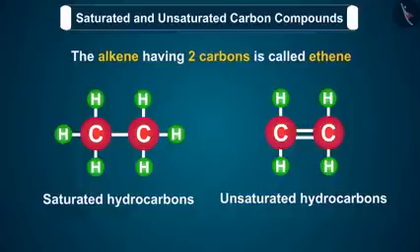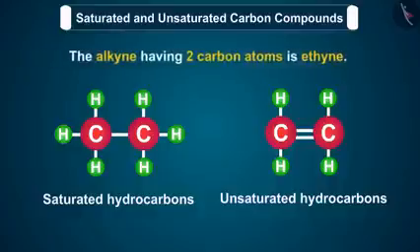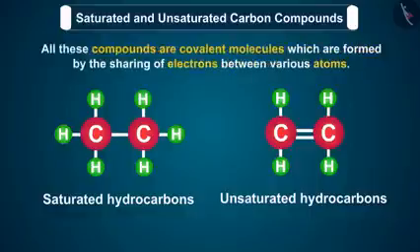The alkene having two carbons is called ethene. And the alkyne having two carbon atoms is ethyne. All these compounds are covalent molecules which are formed by the sharing of electrons between various atoms.